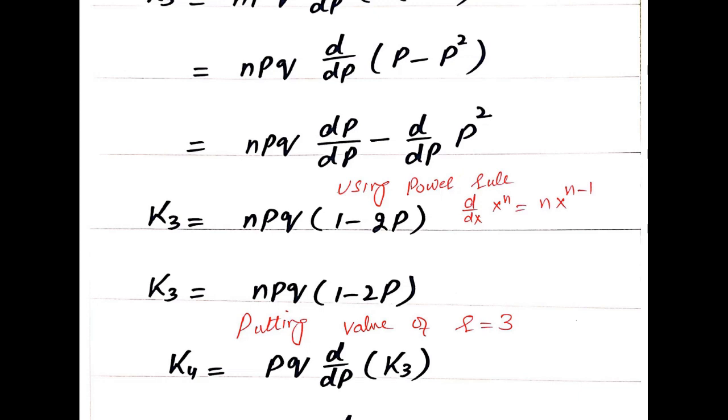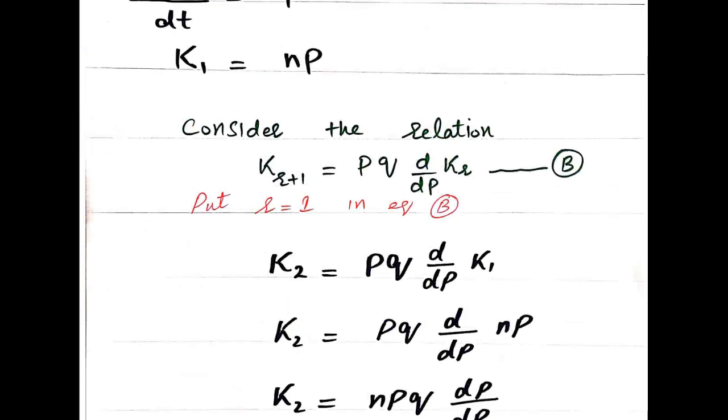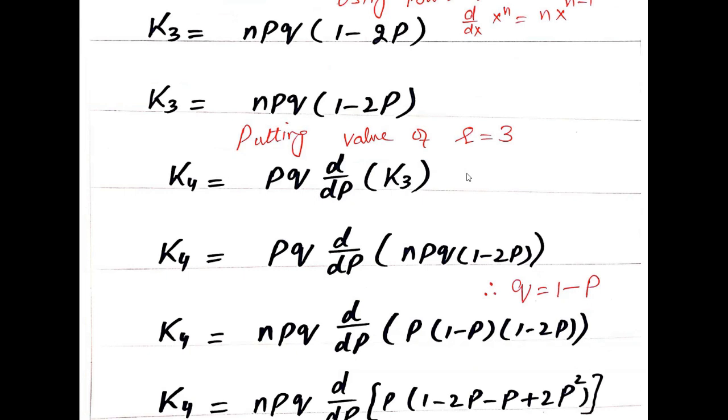Putting the value r is equal to 3. So in this relation, put r is equal to 3. We have k4 is equal to pq d over dp k3. Put the value of k3, npq into 1 minus 2p.